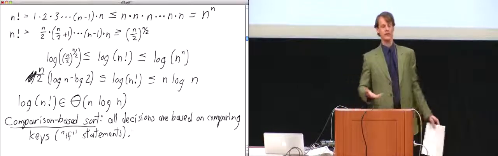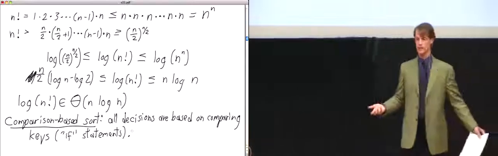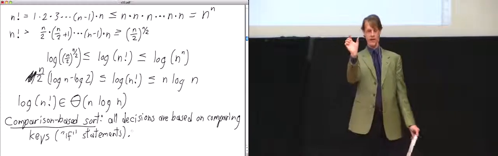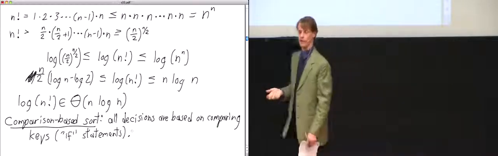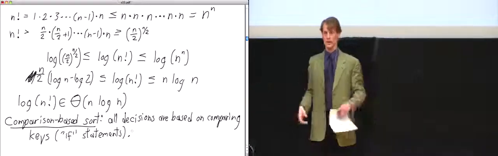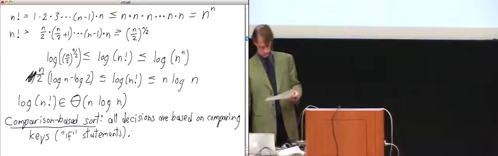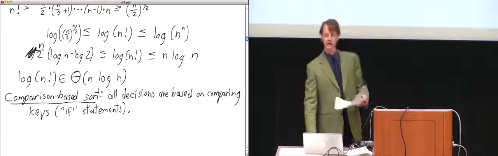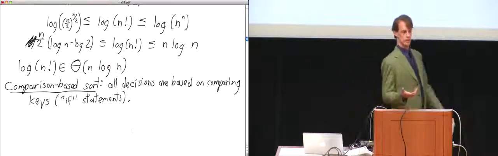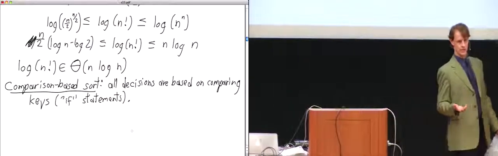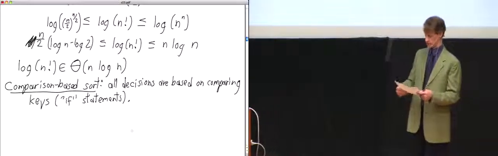If you think of all the sorting algorithms we've looked at so far, quicksort, for instance, compares pairs of keys and swaps them if they're in the wrong order. Insertion sort more or less does the same thing. All of the actions taken by these sorting algorithms are based on a bunch of if statements which ask true or false questions and then make a decision where to go based on those answers.